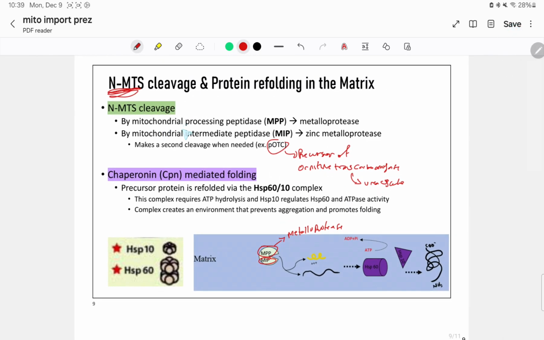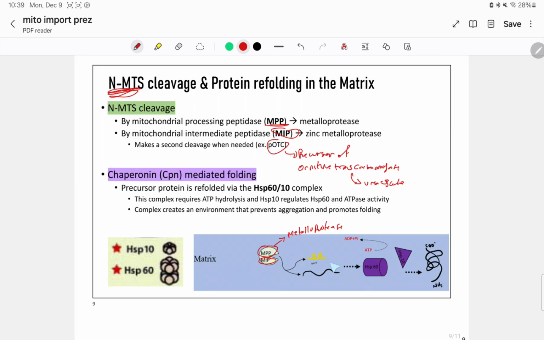So again, most proteins, as soon as they come in, their NMTS will become cleaved by the mitochondrial processing peptidase. However, certain proteins, such as this precursor of the ornithine transcarbamylase, require a two-step breakdown, in which the first cleavage is done by the mitochondrial processing peptidase, and the second one is done by this MIP.